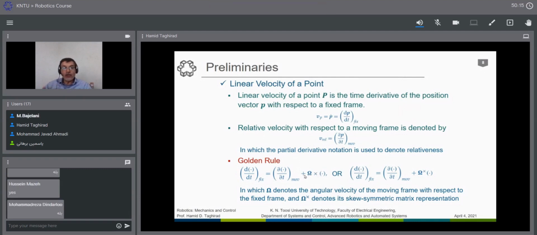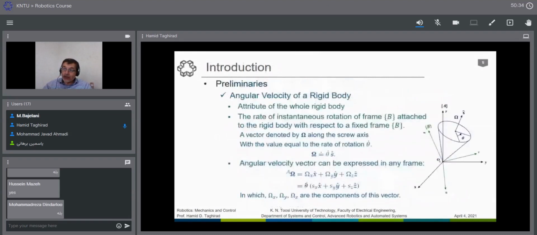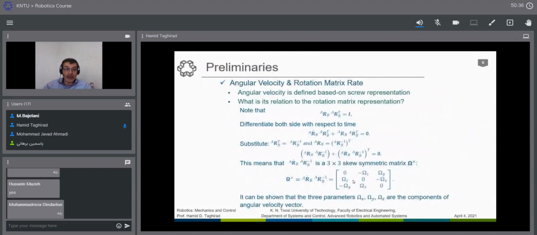And how we can do the cross multiplication: you can do it with i, j, k, omega x, omega y, omega z, px, py, pz in a matrix, and do the manipulation. And you can see that this can also be represented by omega x, the same old skew-symmetric matrix that I represented here.